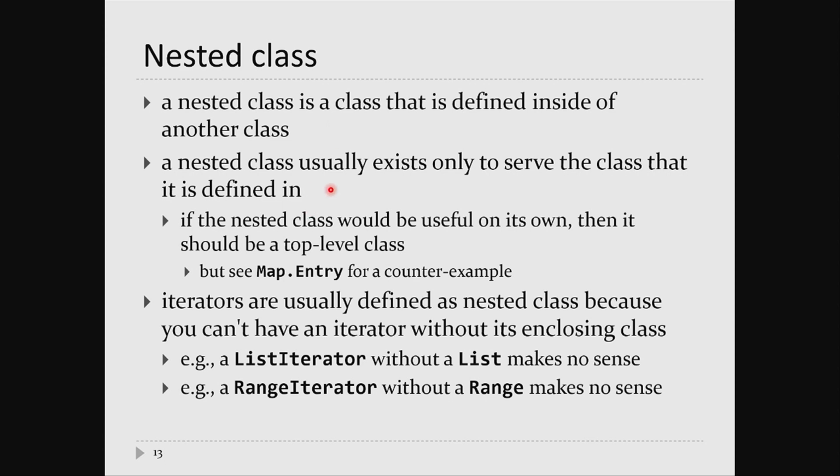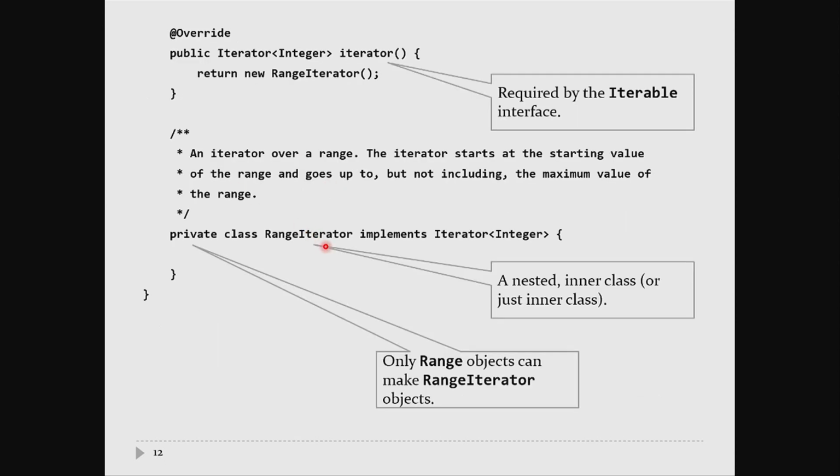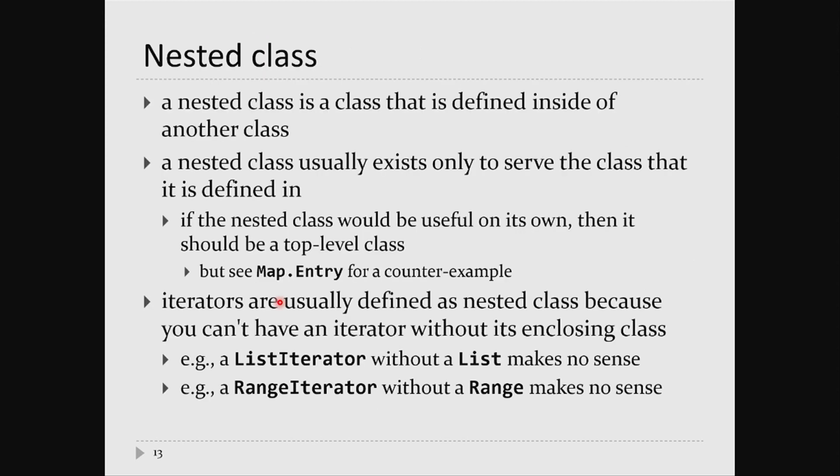Why would you make a nested class? Well, a nested class exists only to serve the class that it's inside of. So range iterator exists only to serve the range class. That's its only purpose. If you're implementing a nested class and you decide later on that this would be useful somewhere else, outside of the enclosing class, then it should not be a nested class.